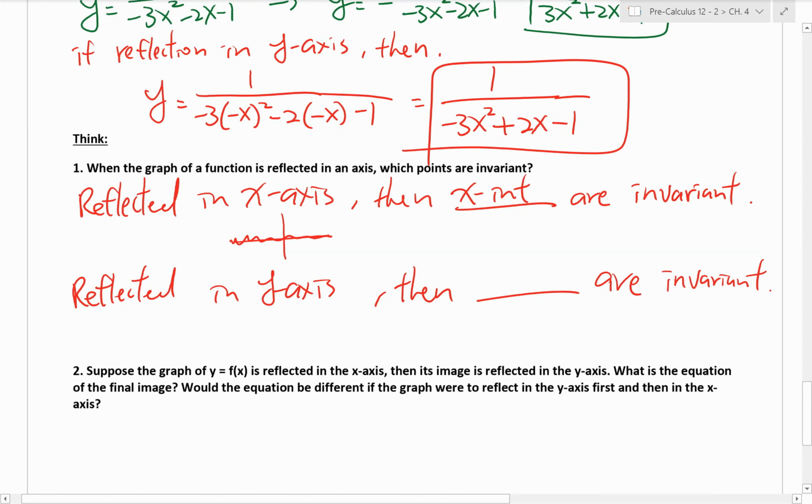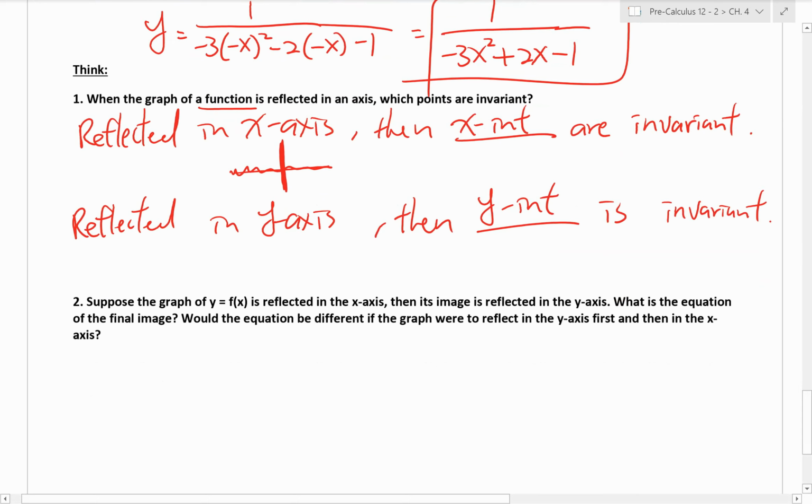Whereas if you have a reflection in the y-axis, then the y-intercept is invariant. If it's a function, you can only have one y-intercept. You could have more than one x-intercept though, right?